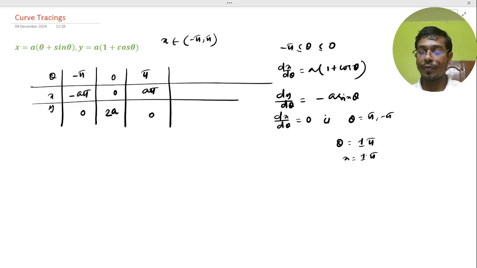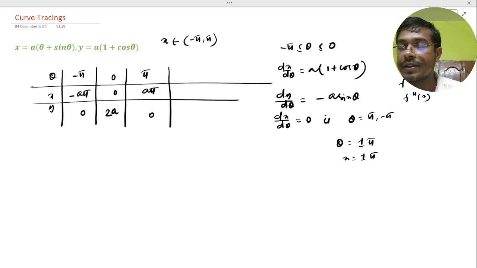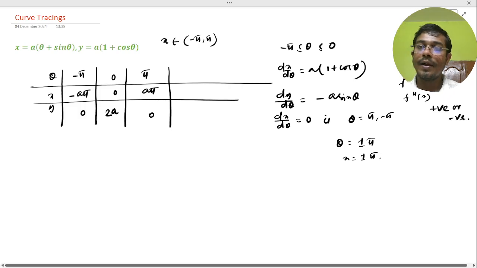Here we conclude the properties of concavity and convexity using the first derivative f dash x and the second derivative f double dash x. We take the first derivative, put the value in the second derivative, and check whether it is positive or negative.